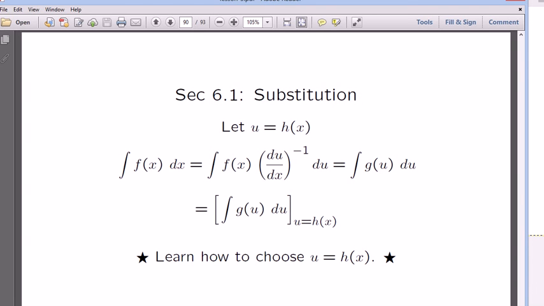At the beginning, you might go through several errors and several wrong choices, and hopefully, after you look at many problems, your choice of u is quite efficient. But there are problems out there that are so tricky, it sometimes takes 30 minutes to make the right choice of u. That kind of problem, of course, is not going to be in our test, but eventually in Calc 2, you learn that kind of examples. So I'll stop here.